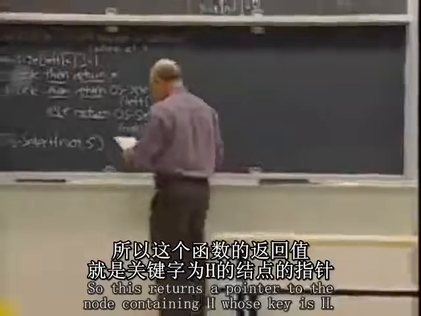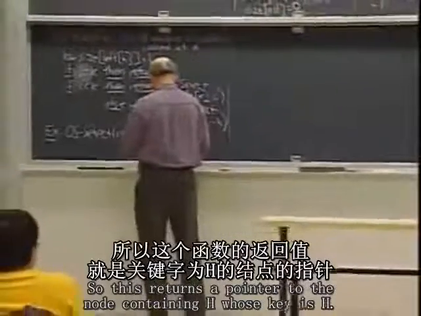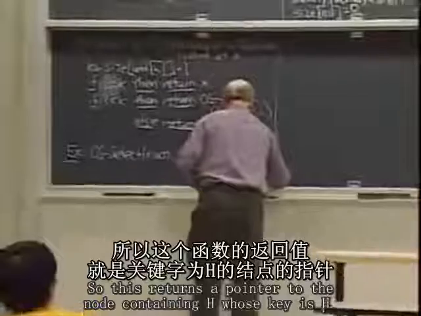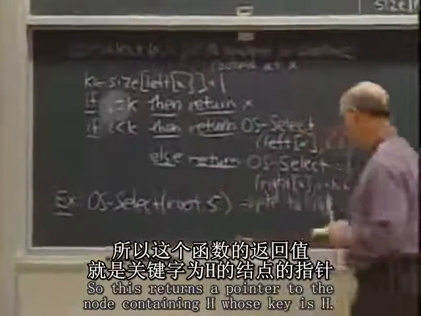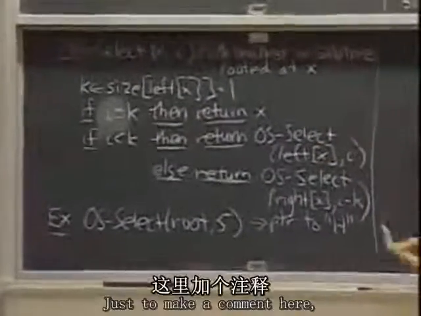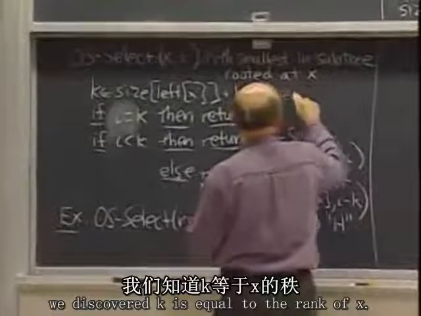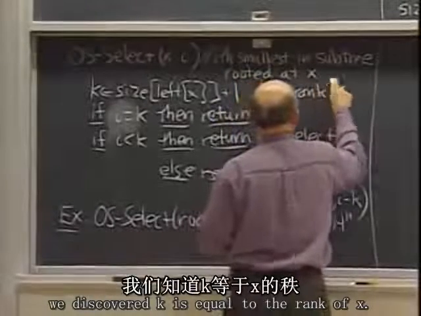So this returns a pointer to the node containing h, whose key is h. Okay, and just to make a comment here, we discovered k is equal to the rank of x.